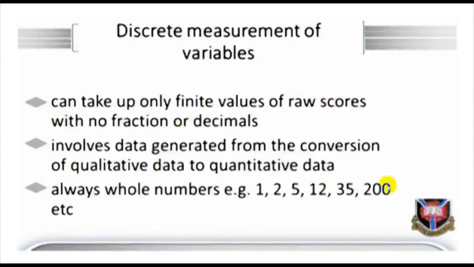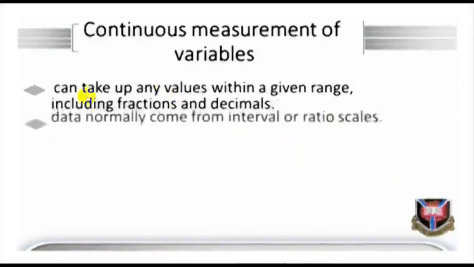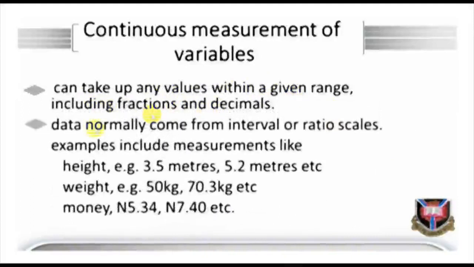A continuous measurement of variables can take up any values within a given range. Thus, they accommodate fractions or decimals. For instance, between the range of 1 and 2, we may have 1.33, 1.52, 1.75 to 2.